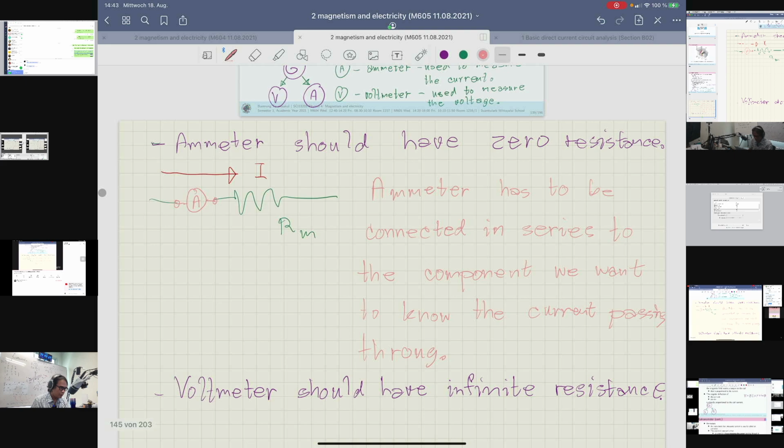So it means that in the second stage, when you put the ammeter into the system, you have less current flowing through this branch. So it's not good at all, right? It just disturbs the original system, so your measurement is going to be prone to error. It's not good. So the best ammeter should have zero resistance.